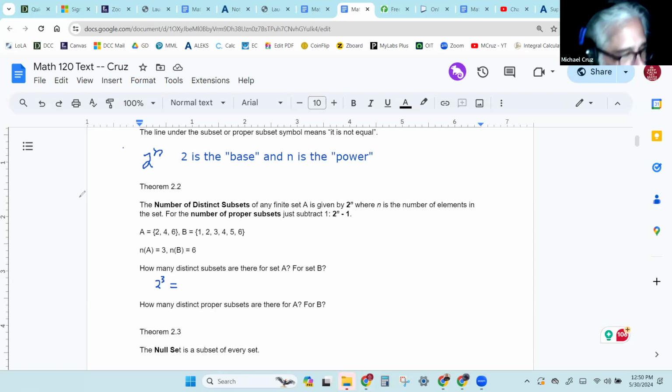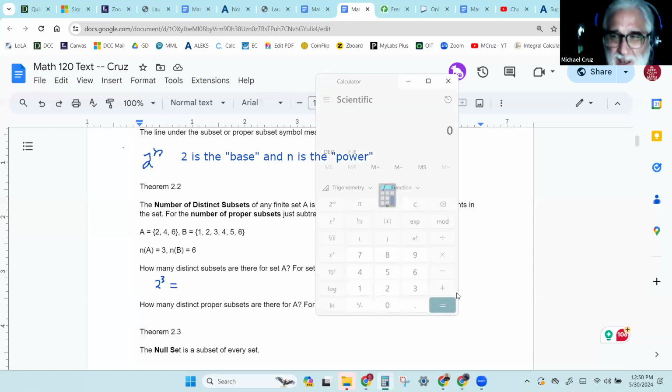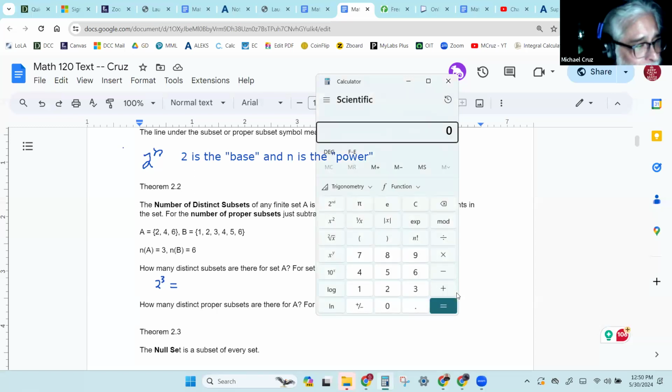Now, get used to using a calculator if you're not good at exponents. I'm not trying to be condescending, but it's important to get this right, because people will look at that and say, well, that's 6. But you got to remember what that means. And if you don't remember, then you can use a calculator.